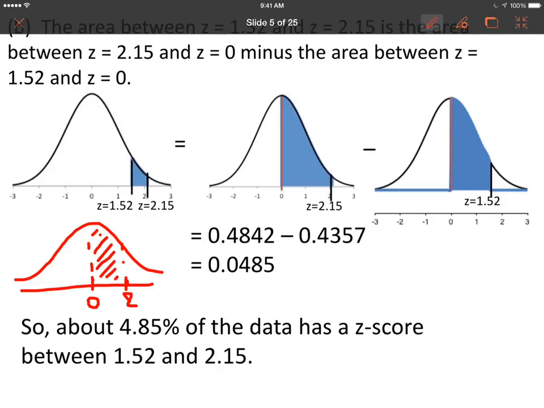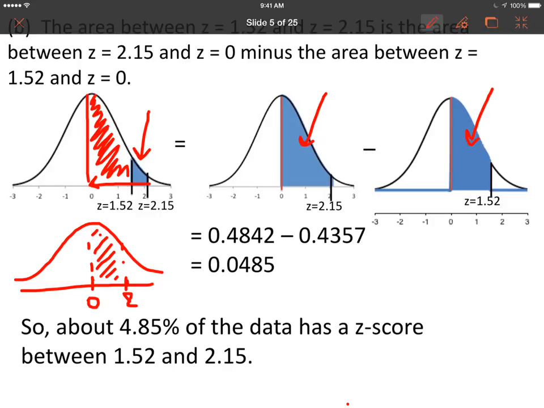And so if I want this area between two z-scores here, then I could find the area from 2.15 to 0. That's what I've shaded here. And what I want to subtract off is this white chunk here, which now I'm going to shade red. This is what I want to subtract off, and that's what I've shaded on the right. Now, both of those are values that I can find in my table.